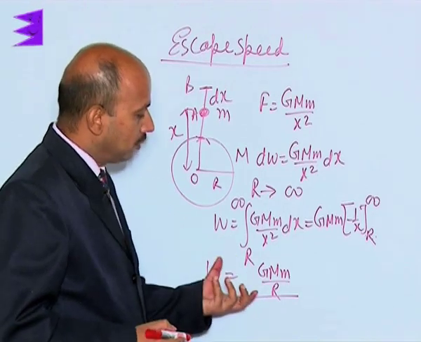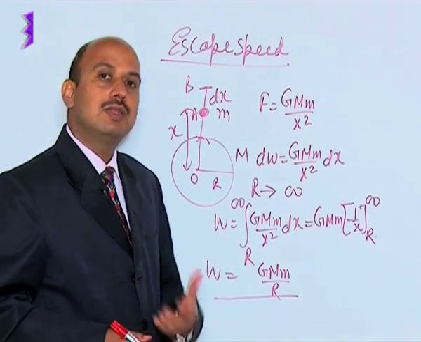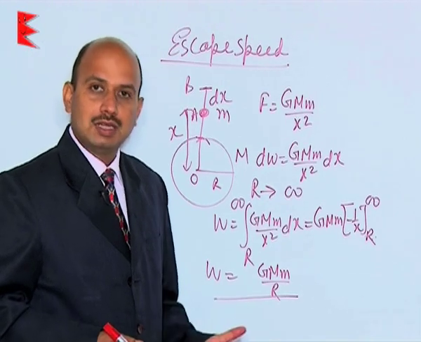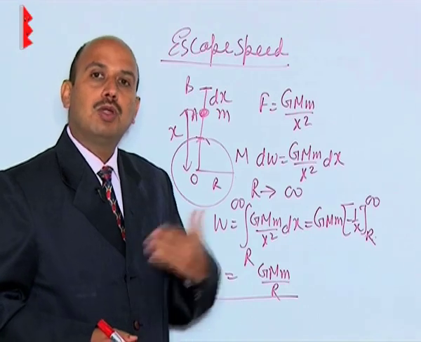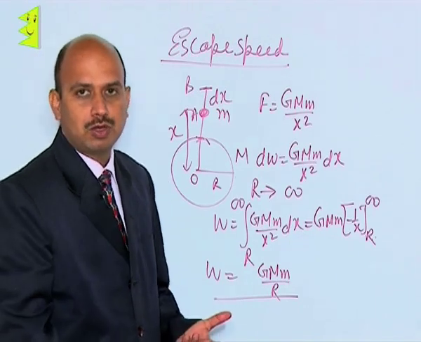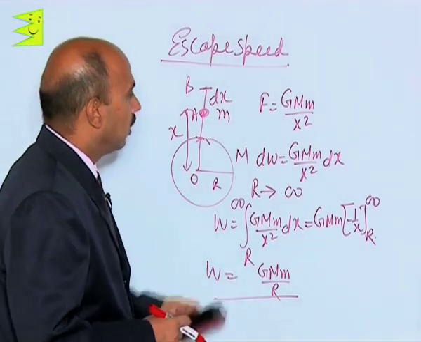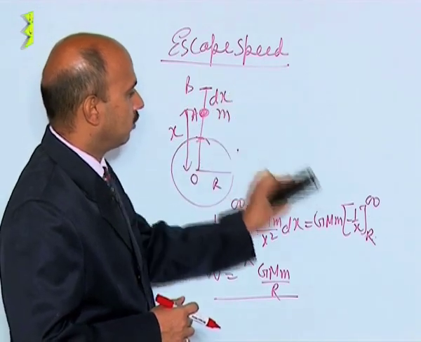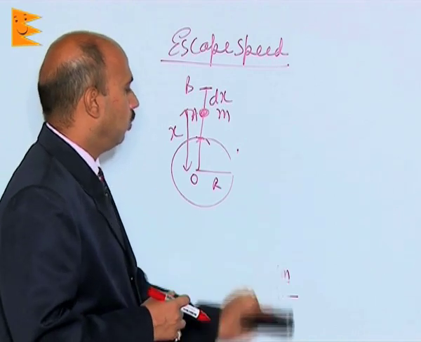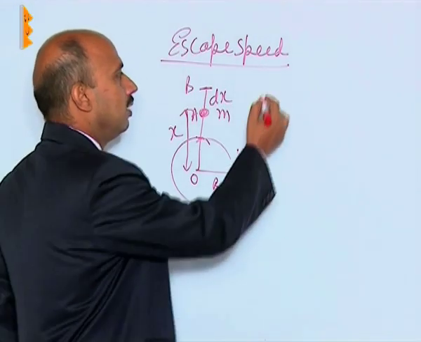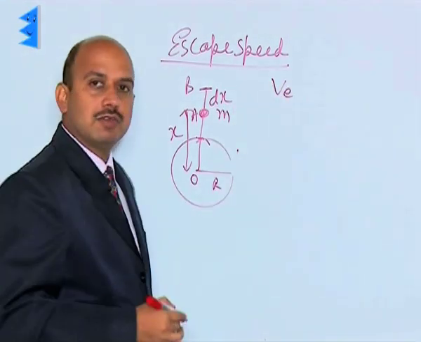So if you throw the body from the surface of earth with a kinetic energy equal to or greater than this work done, then the body will escape the gravitational field of earth. Suppose the body is thrown from the surface of earth with speed v_e.